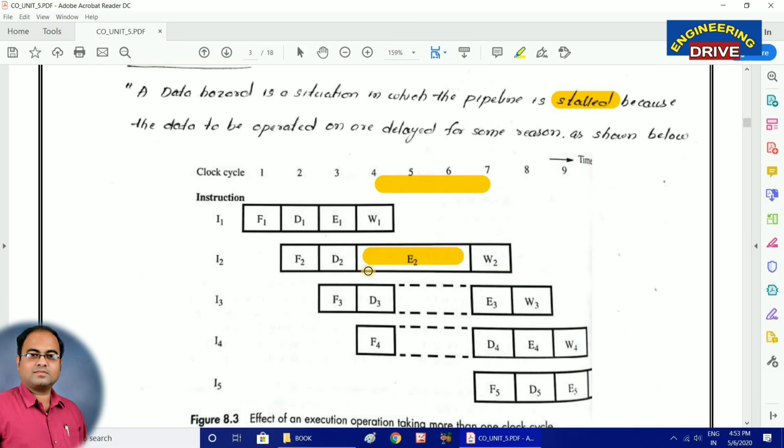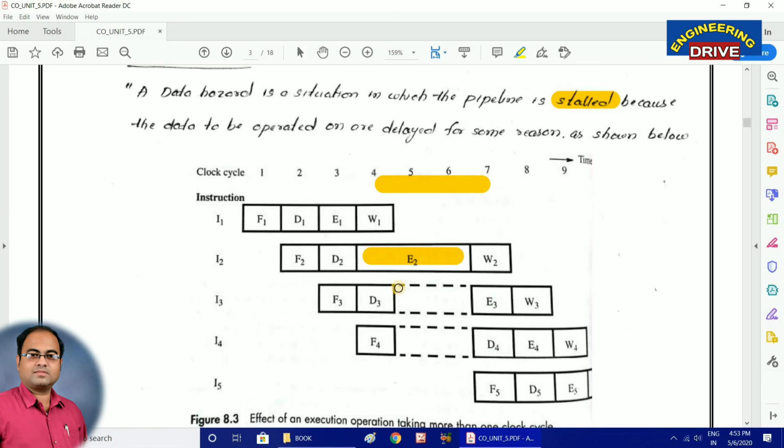Now what happened? If the execution of the second instruction got delayed, automatically it will affect the third instruction also. You can see here, because of the delay of execution of the second instruction, the execution of the third instruction will also get delayed. Why did the execution of the third instruction get delayed?